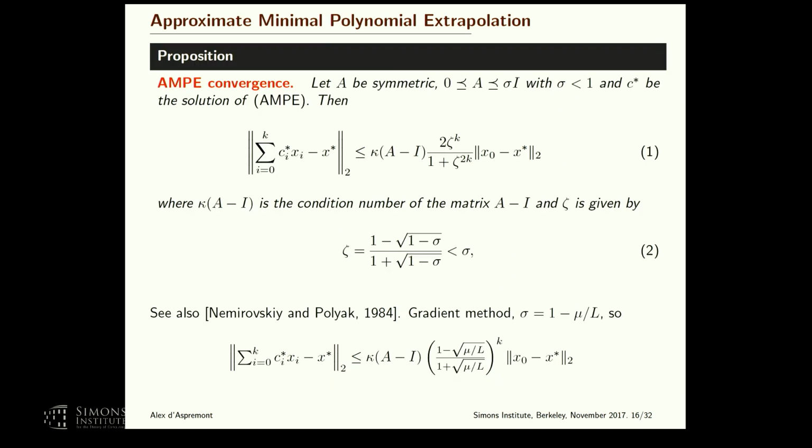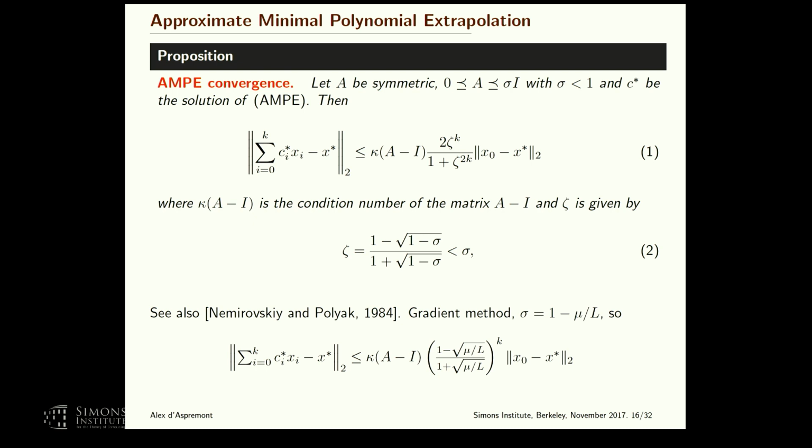And in particular, we can show that it converges to 0 with a rate equal to zeta to the k, where zeta is this quantity here. And if you look at exactly what this quantity means when you're using the gradient descent method on a quadratic function with lower bound mu and upper bound L on the spectrum, the rate you get is this one, okay?